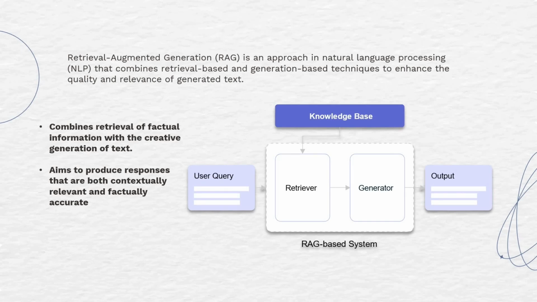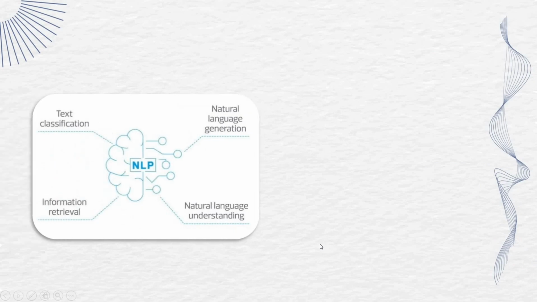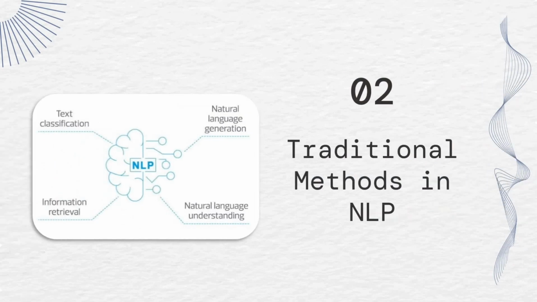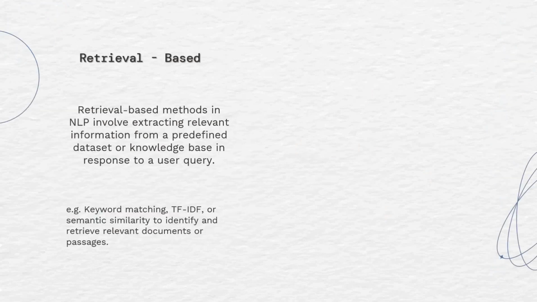So now to understand RAG better, let us move to the next topic and revisit the traditional methods used in NLP. First of all, we will be discussing the retrieval based methods, and these methods involve extracting relevant information from a predefined data set or knowledge base in response to a user query.